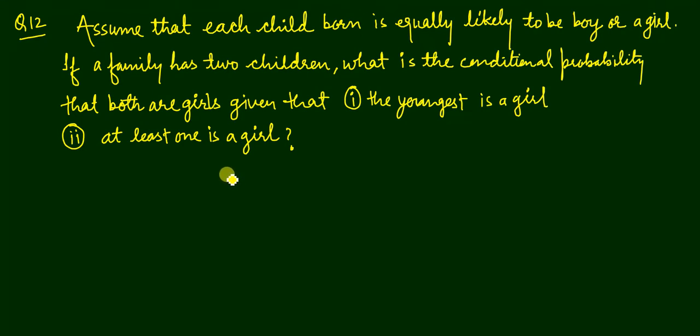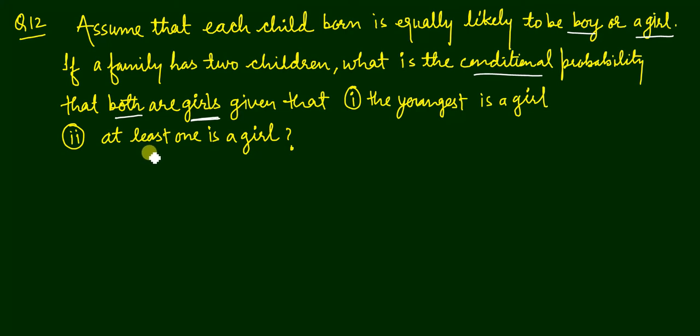In question number 12, assume that each child born is equally likely to be a boy or girl. If a family has 2 children, what is the conditional probability that both are girls? We have to find out the conditional probability that both the children are girls, given that youngest is girl and given that at least one is girl.